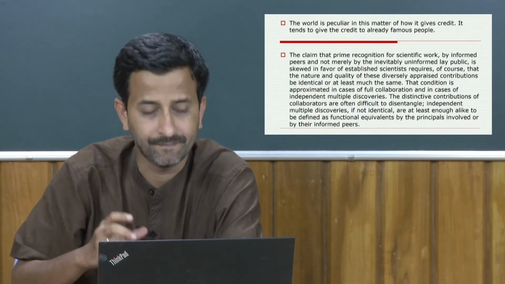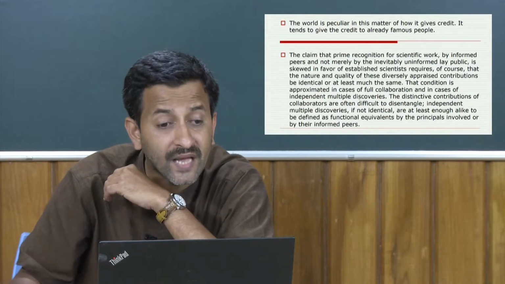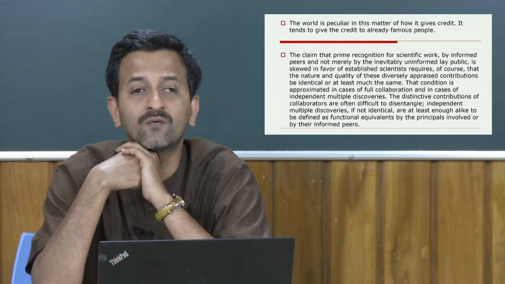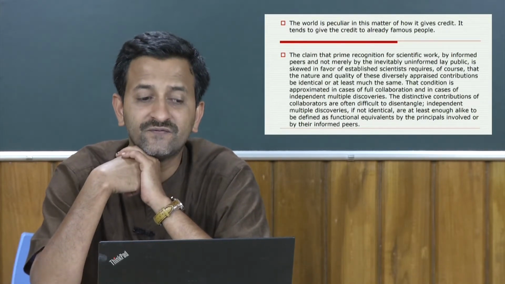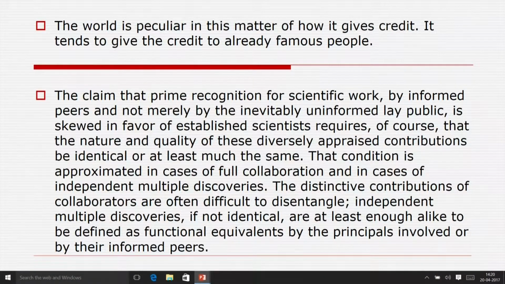The claim that prime recognition for scientific work by informed peers, and not merely by the inevitably uninformed lay public, is skewed in favor of established scientists requires indeed that the nature and quality of these diversely appraised contributions be identical or at least much the same.